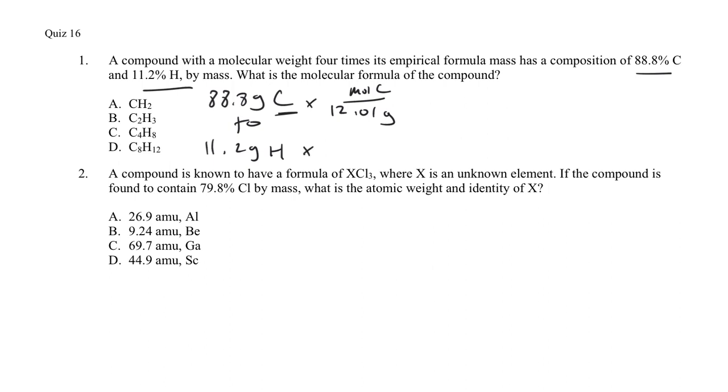Then for H, we go to the periodic table for H: 1.008 grams per mole of hydrogen. So it gets me 7.39 moles of carbon. Now that's in ratio to hydrogen, which is 11.1.